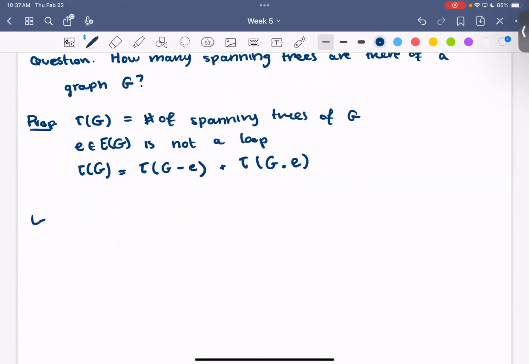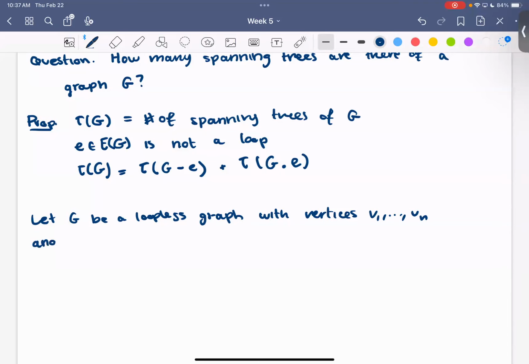I'm going to let G be a loopless graph with vertices V1 up to Vn.